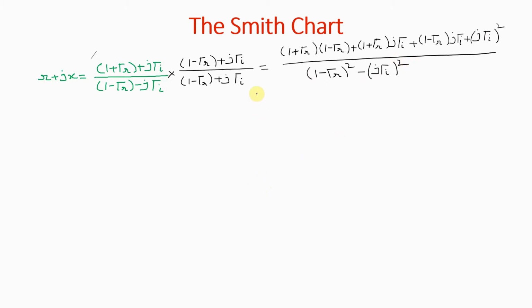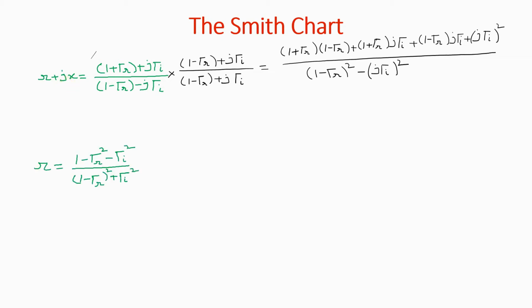Now after opening these brackets, you can separate the real and imaginary terms and compare both sides. By comparing the real and imaginary terms on both sides, you can find the values of r and x.